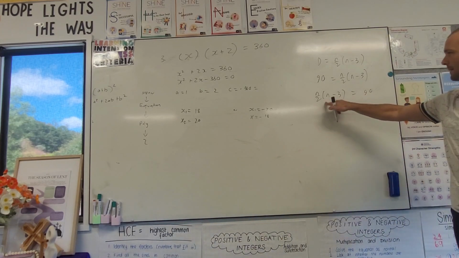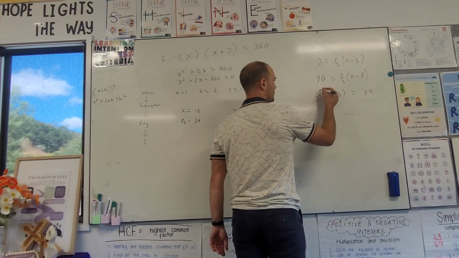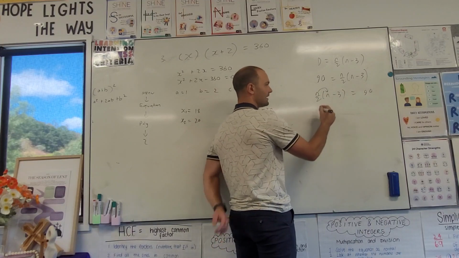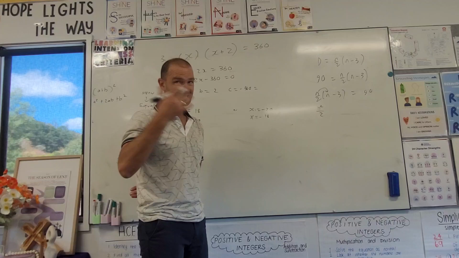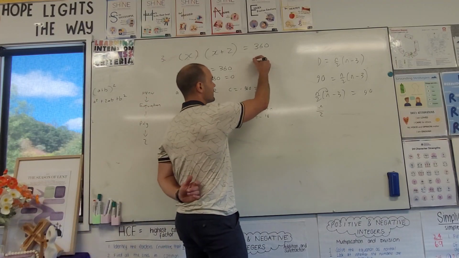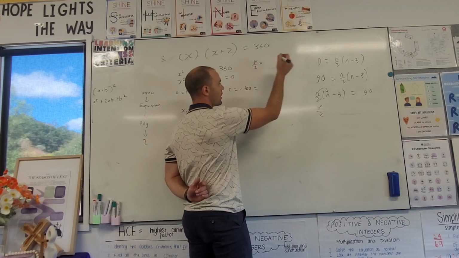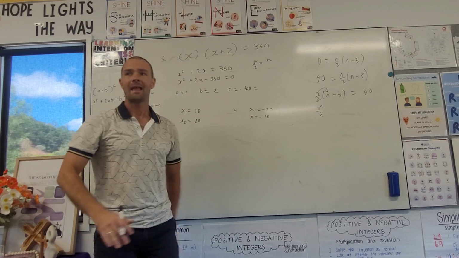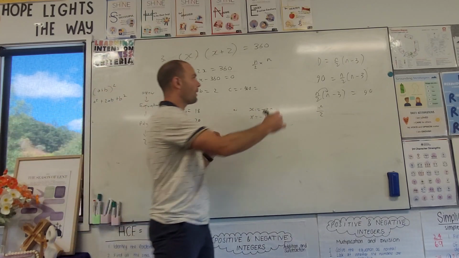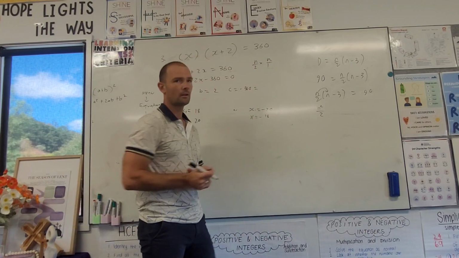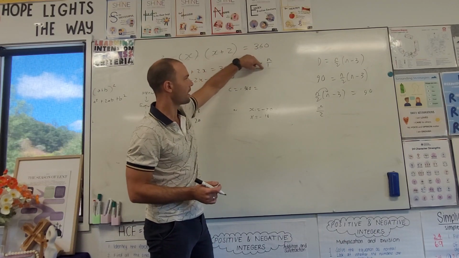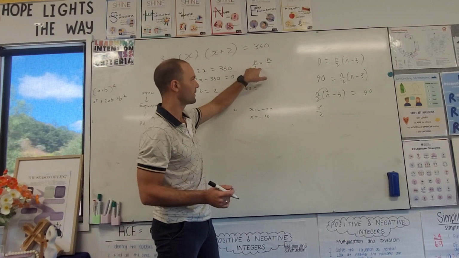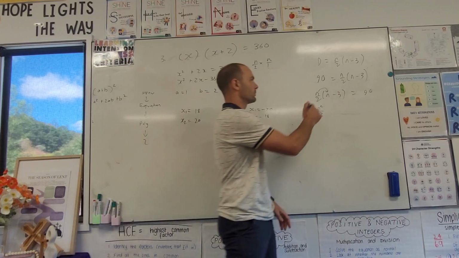So what we'll do is we'll expand this. If we distribute, n on 2 times n is going to be n squared on top of 2. What's technically going on there is we have n on 2 times n by itself, and anything by itself is always on top of 1. So n times n is n squared, and 2 times 1 is 2, so we have that denominator of 2.